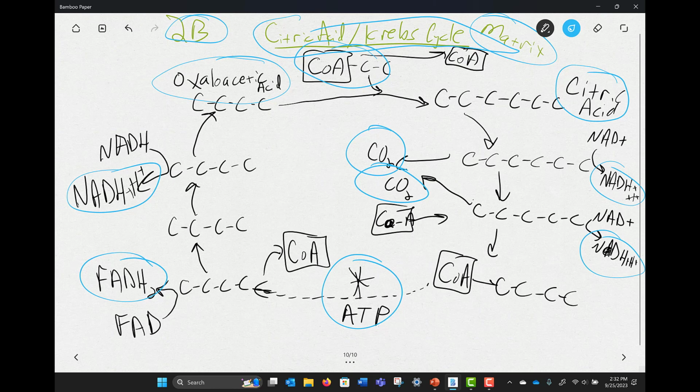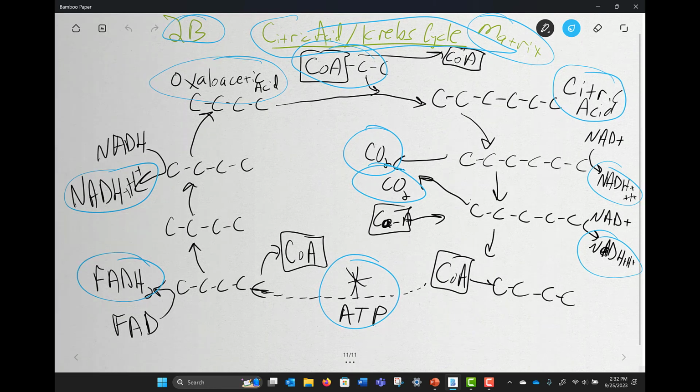It is the electrons that the carbon carries. On all of the steps so far, it is the NADH plus H pluses and the FADH2 that we're really concerned with because they are carrying those electrons. And those electrons are the real important players here. So let's go to the final step of cellular respiration.